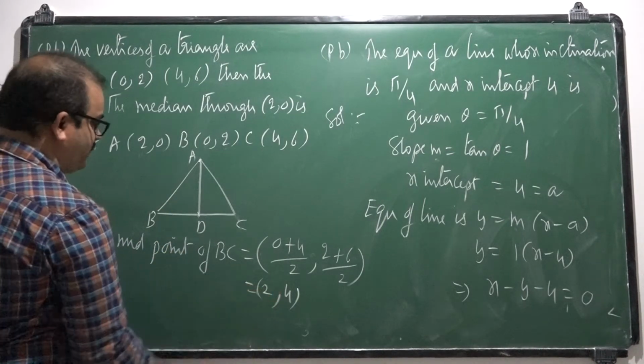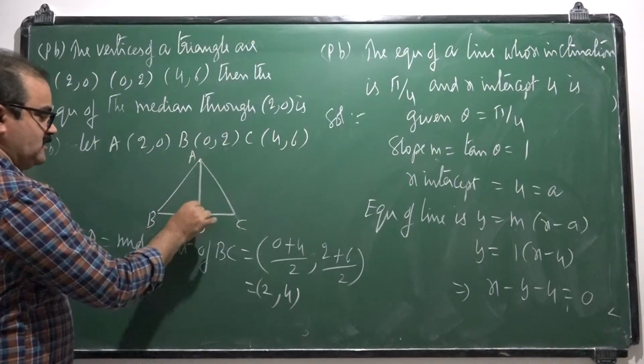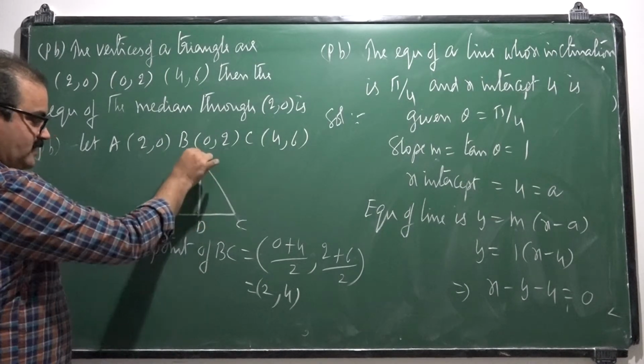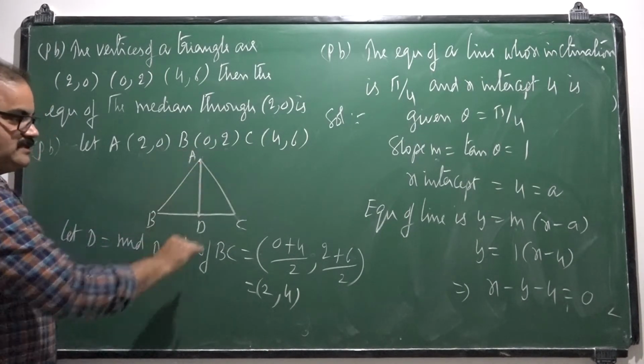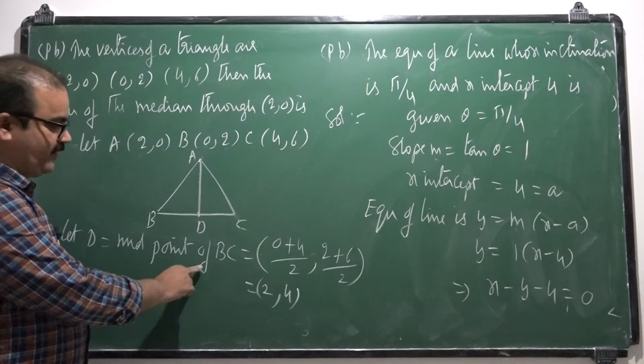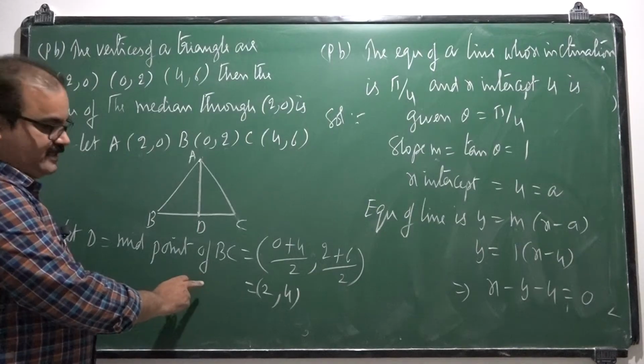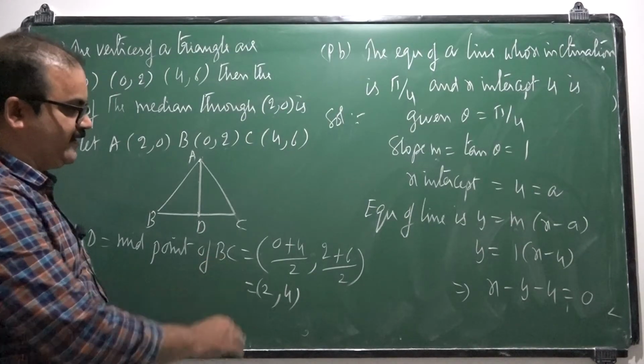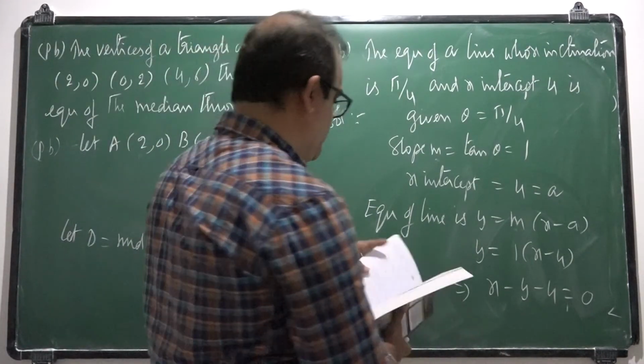D is 2, 4. When 2 points are known, equation of the line joining 2 points is y minus y1 is equal to y2 minus y1 by x2 minus x1 into x minus x1. Apply that formula.